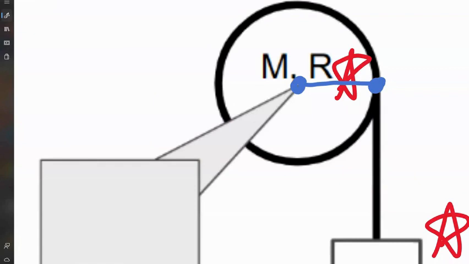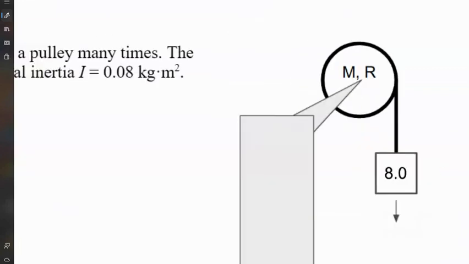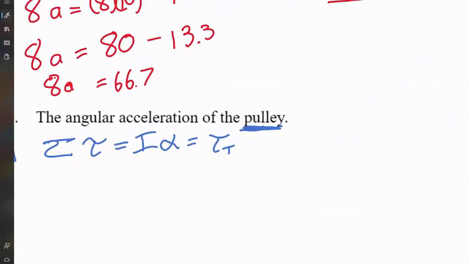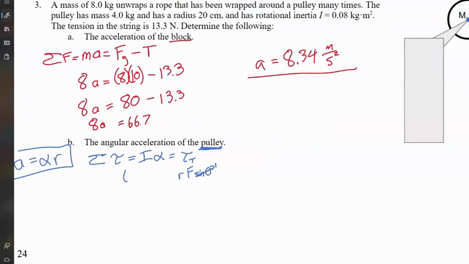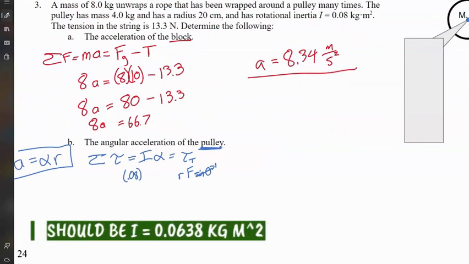The radius is equivalent to the radius of the wheel, and the force goes down below, so that's at a 90-degree angle. Everything is as expected in this r F sine theta, but since they're perpendicular, sine theta equals 1.